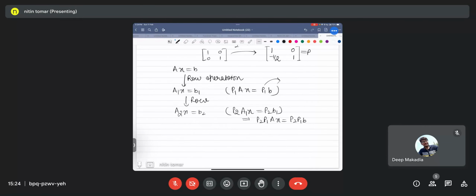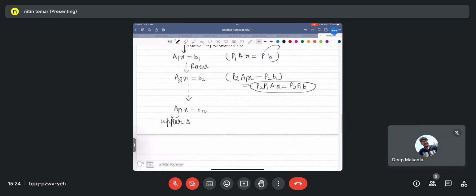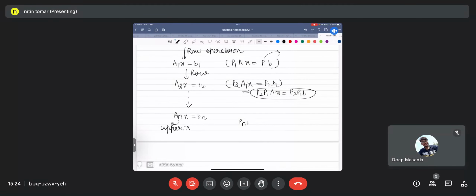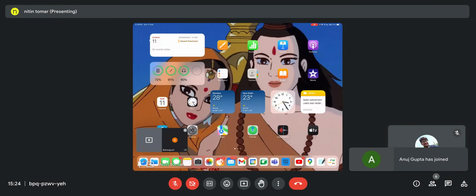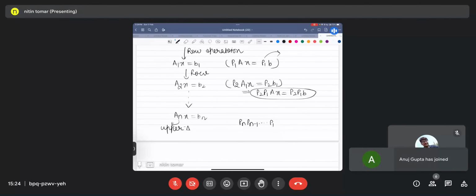Am I correct? Yes, sir. It's a good explanation, sir. Thank you. So whatever solution you will get in the final one, let's say you stop at some Anx equal to Bn, when An is upper triangular, this is where we stop, right? So eventually you must have multiplied by some P(n minus 1) up to some invertible matrices.